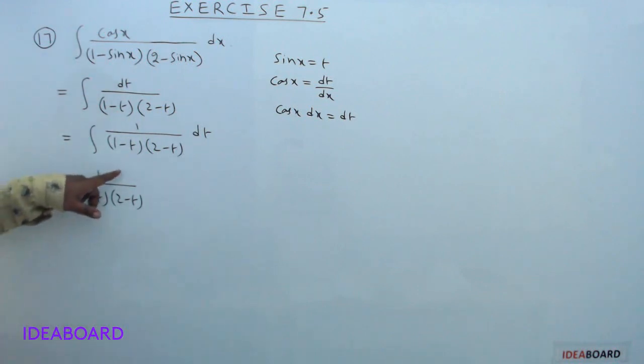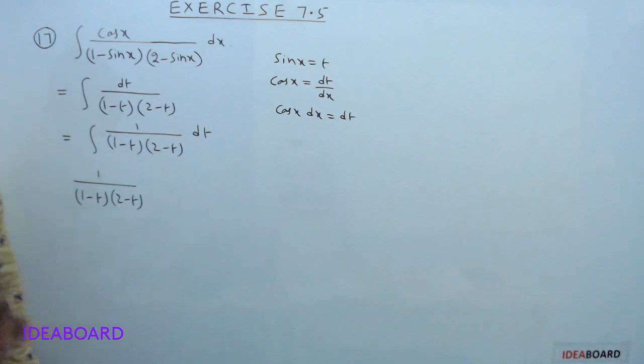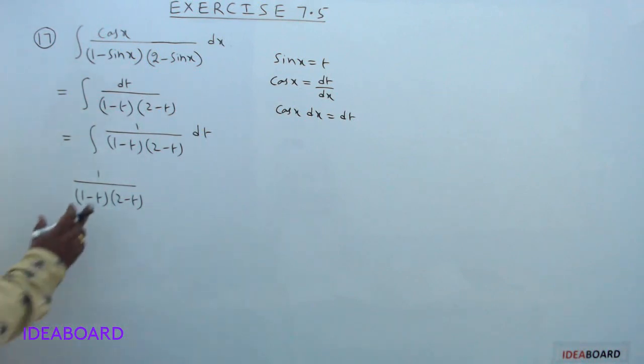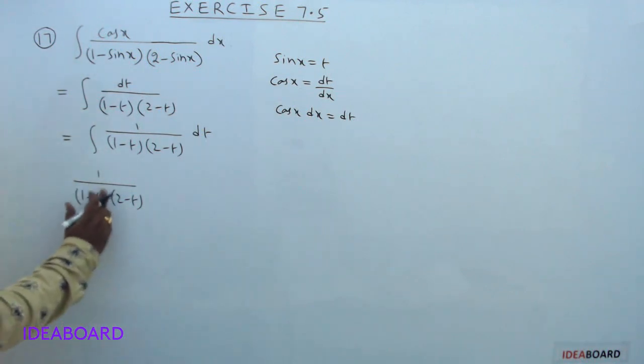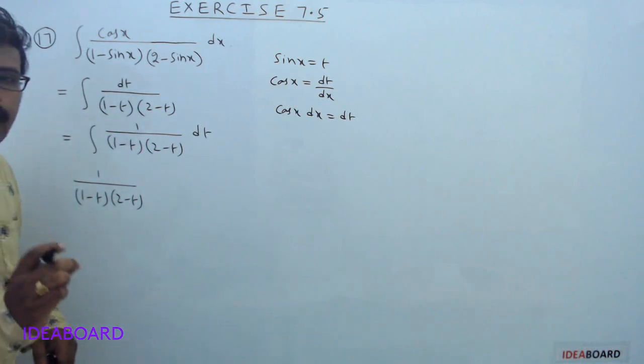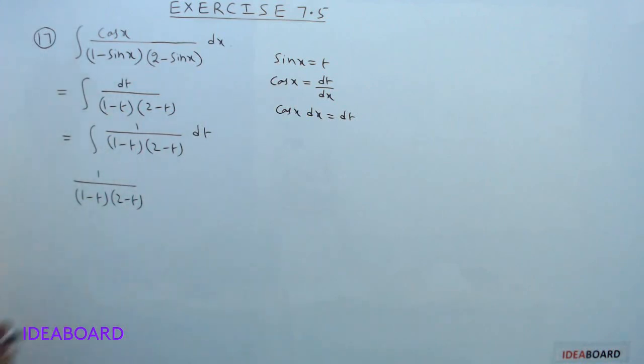Clearly degree of numerator is less than degree of denominator. So it is a proper fraction. Then come to the denominator. 1 minus t is a linear factor because its degree is 1. In particular, 1 minus t is a non-repeated linear factor. Similarly, 2 minus t is also a non-repeated linear factor.